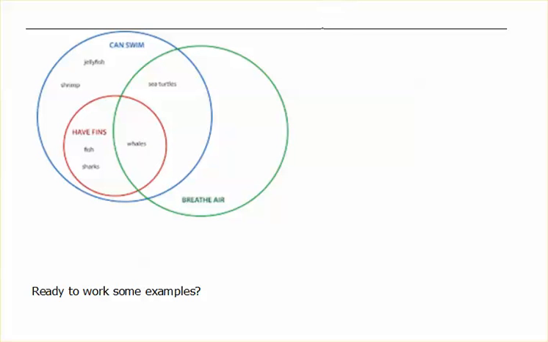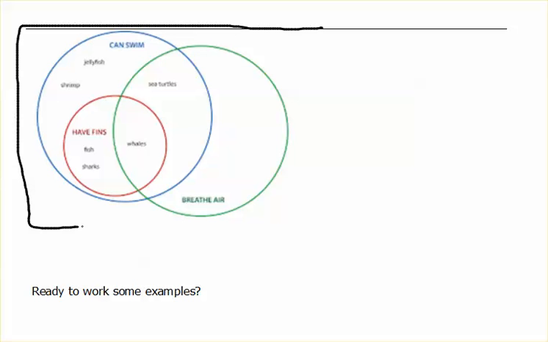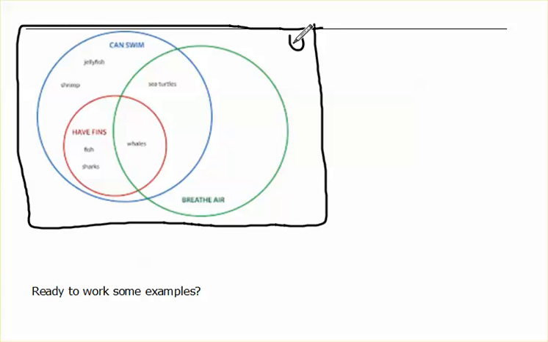Usually, with Venn diagrams, we have a giant box around it, and we call this the universal set, the entire set of items. And then we have circles that represent different subsets of that. So, for instance, the universal set here might be aquatic animals, or I know we probably don't call them animals necessarily, but something to that tune.